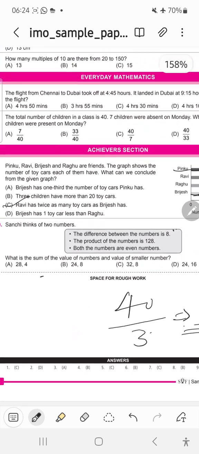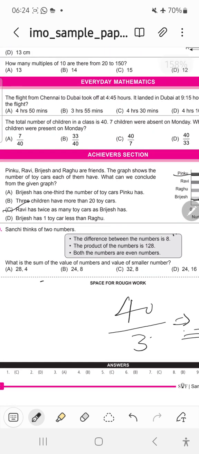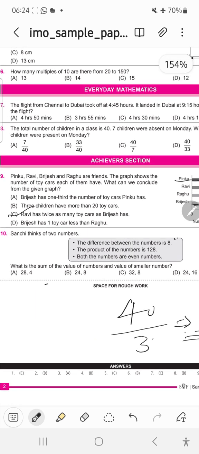What is the sum of the value of the number and the value of the smaller number? No, actually, I didn't read the entire question.